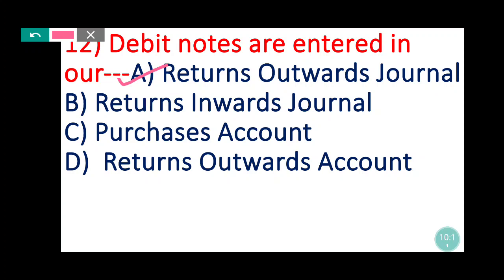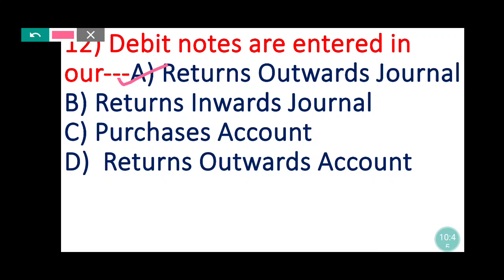See, when returning goods, the buyer sends a debit note to the seller. It shows the quantity of goods returned, cost and reason for the return of those goods. The buyer makes out 2 copies of the debit note. 1 copy is retained and the other copy is sent to the supplier along with the goods. By using the copy retained, the buyer records these transactions in his return outward day book.